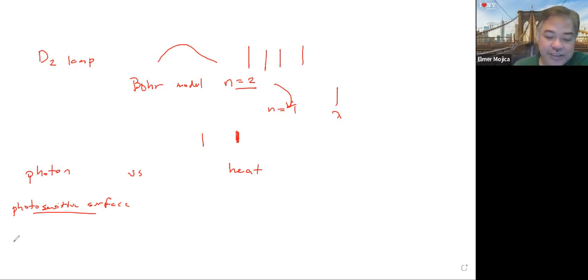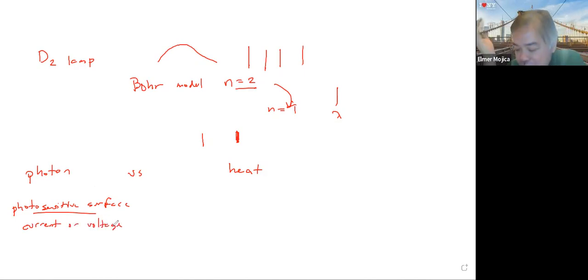So ang na-generate dito or na-produce dito ay current or voltage. And it is produced as a result of the emission of electron from a photosensitive surface upon collision with photons. So yung photons mo yung light.